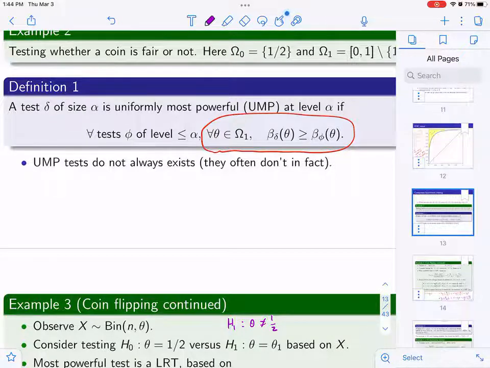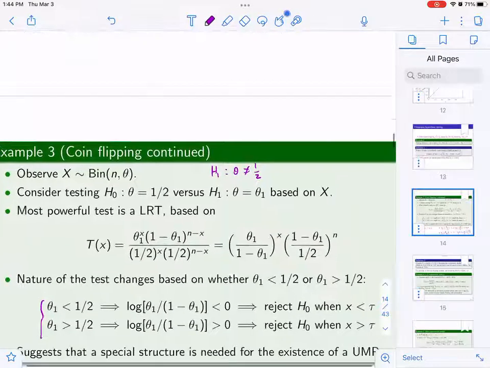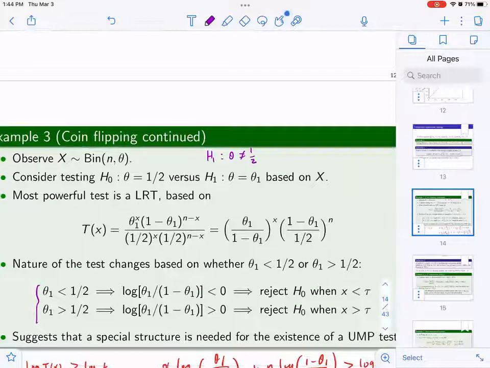So you could compare a different theta, like the likelihood ratio test, for example, and that's going to be more powerful than any other test at that value of theta. That's true in both settings. So it's possible to have a test that is more powerful everywhere. Yes, that's basically it.